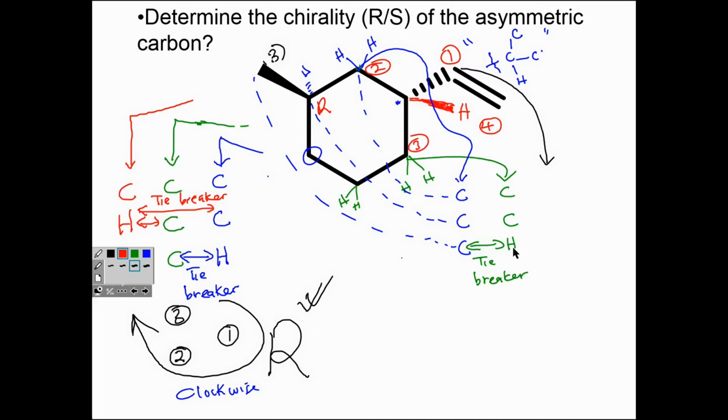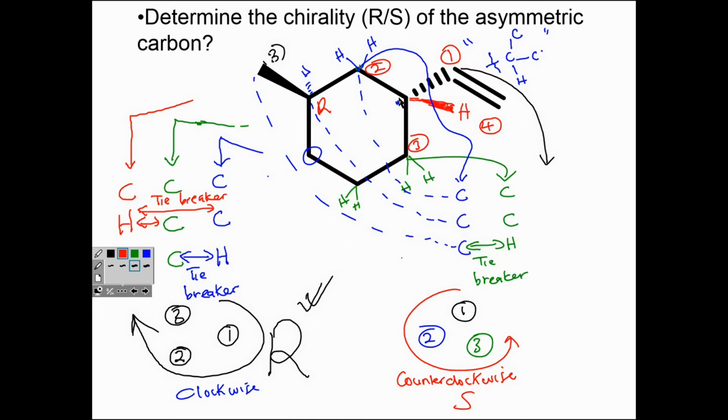And now your set of numbers, starting from the black, you get 1, then the blue, and then the green, and we are going counterclockwise. So that's an S. Okay, but there's a problem.